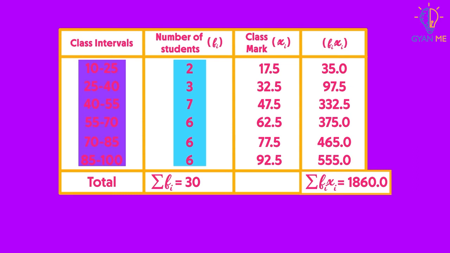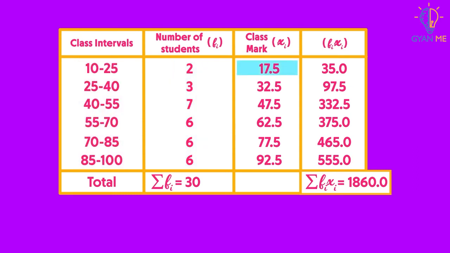For example, here we assumed 17.5 marks as a representative observation or representative value for all marks between 10 and 25. Thus, when we calculate Fi xi, there will be some assumptions, which will create little variation in calculated value of mean in the second method.